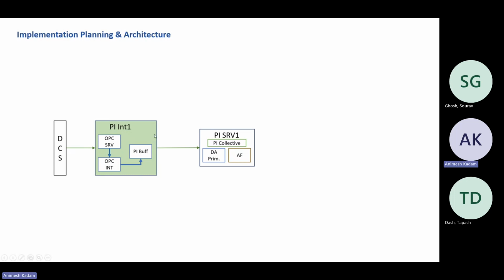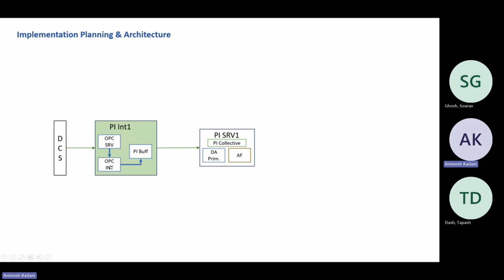You may be aware of that. The OPC doesn't hold the information. As and when the value changes inside the DCS, OPC will show that current value here. We don't store the past values.